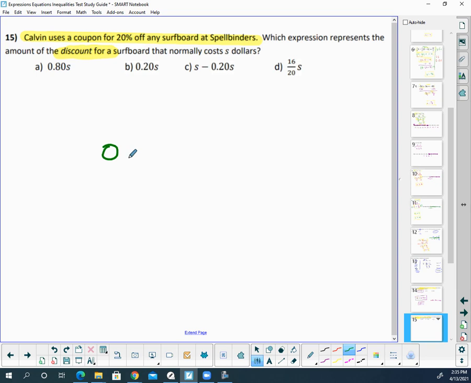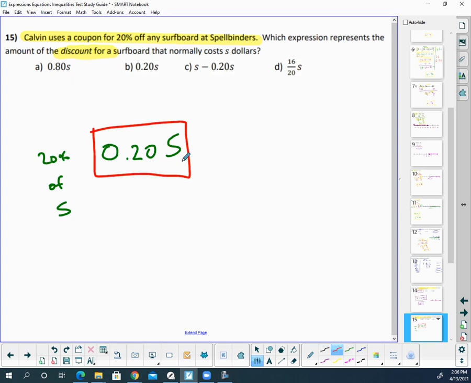So 0.2 or 20% of S, the surfboard, would be 0.20 times S. So the amount of the discount is just 20% of S, which is choice B.